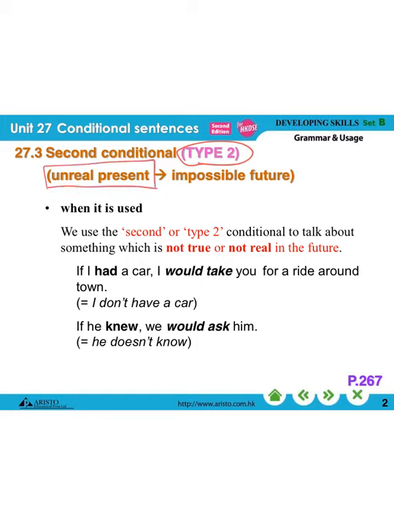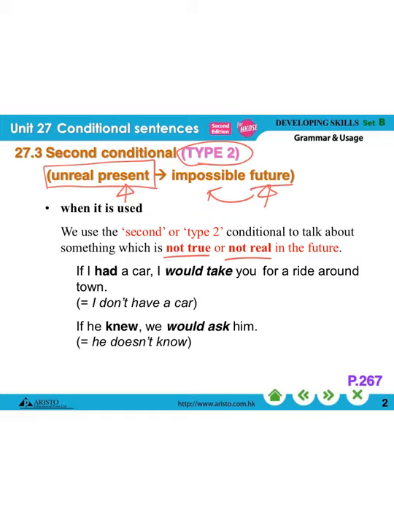For the present situation, it's not real. If you cannot fulfill the present condition, the future should be impossible. So we use conditional type 2 to talk about something that is not true or not real in the future, because the present is not real, and that's why the future won't be real.